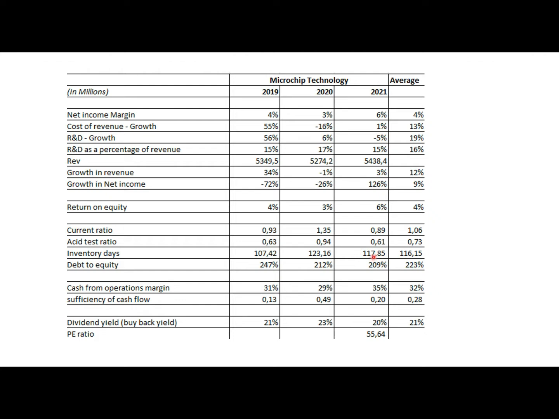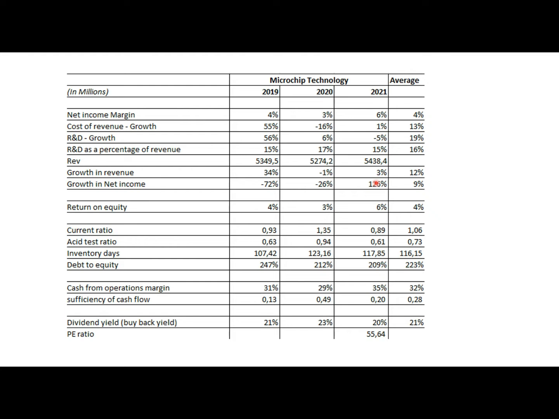Holding on to stock far longer increases the risk of the stock being obsolete. It does burden your bottom line because of the increase in holding costs through holding an increased amount of inventory. So this is worrying from a liquidity point of view.